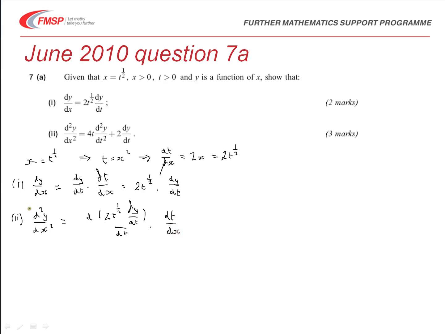So we've used the chain rule on dy by dx by splitting it up into the differential of that with respect to t times dt by dx.